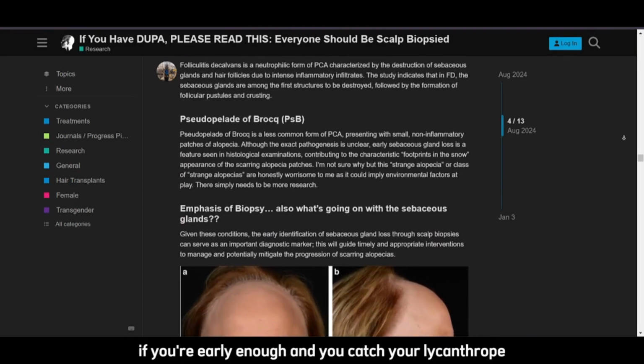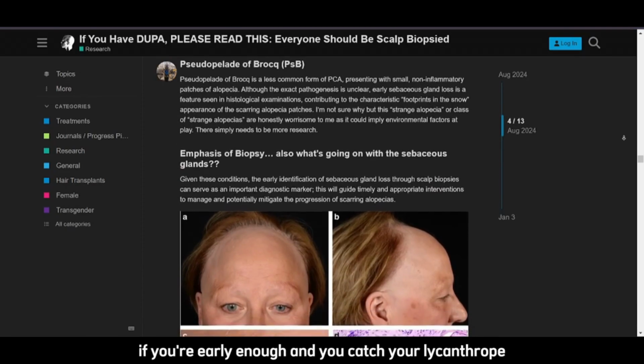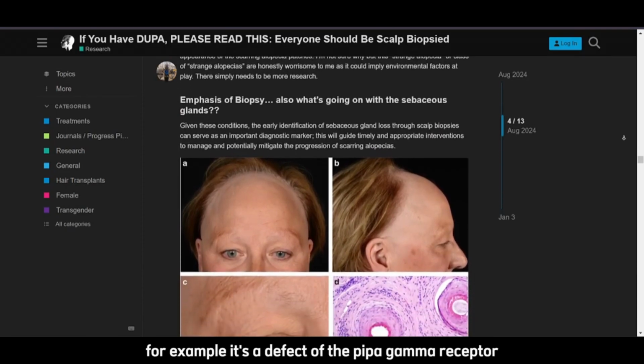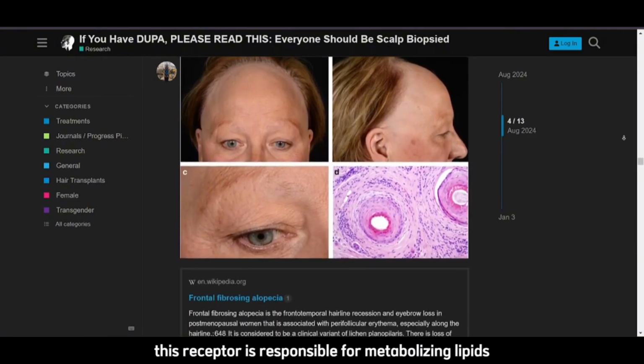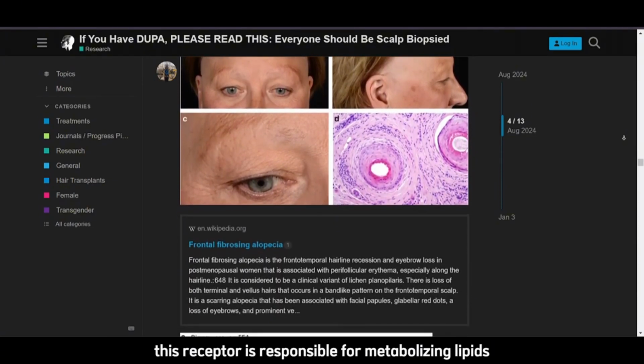If you're early enough and you catch your lichen planopilaris, let's say that's what you have, for example, it's a defect of the PPAR-gamma receptor, right? This receptor is responsible for metabolizing lipids.